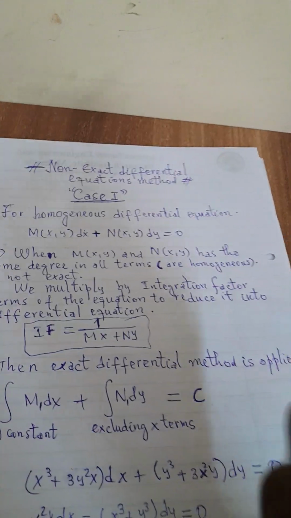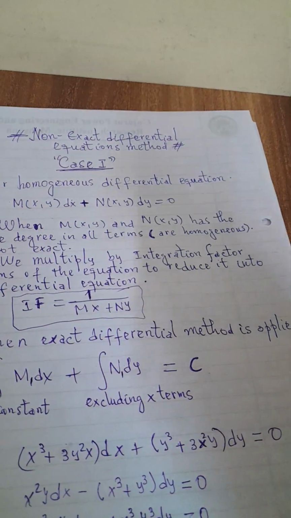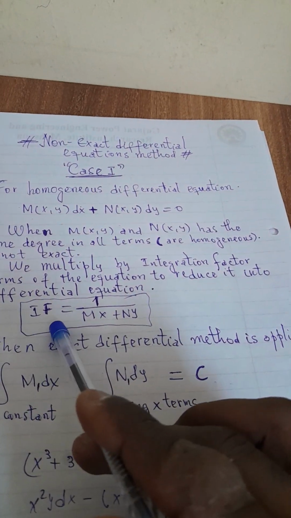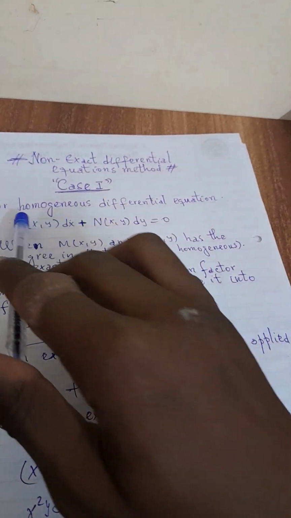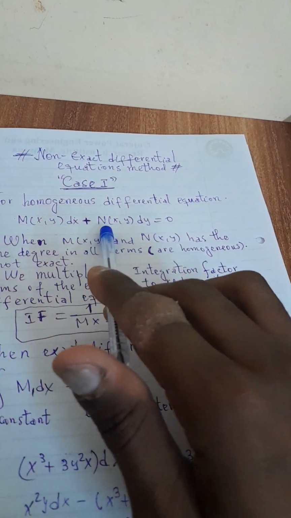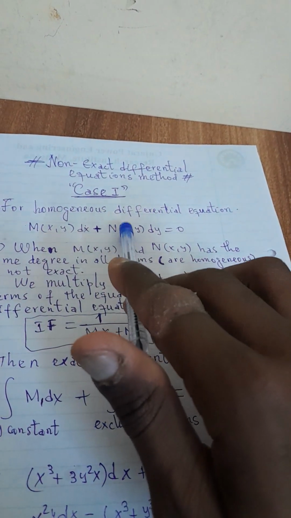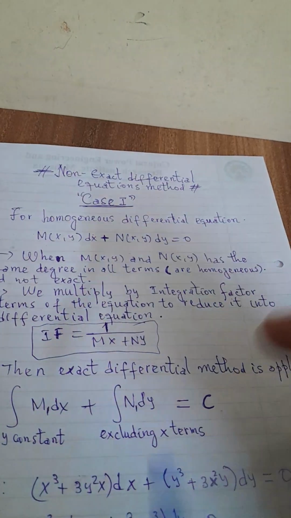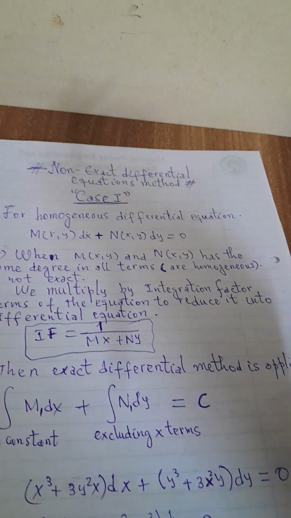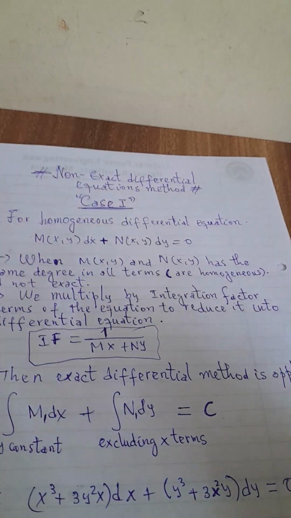So what we have to do is find the integrating factor. What is the integrating factor? It is the term that we use to multiply this non-exact differential equation, to reduce it to an exact differential equation.